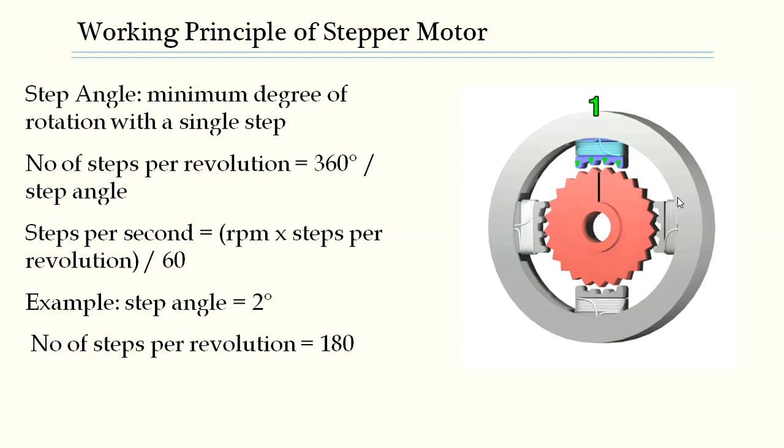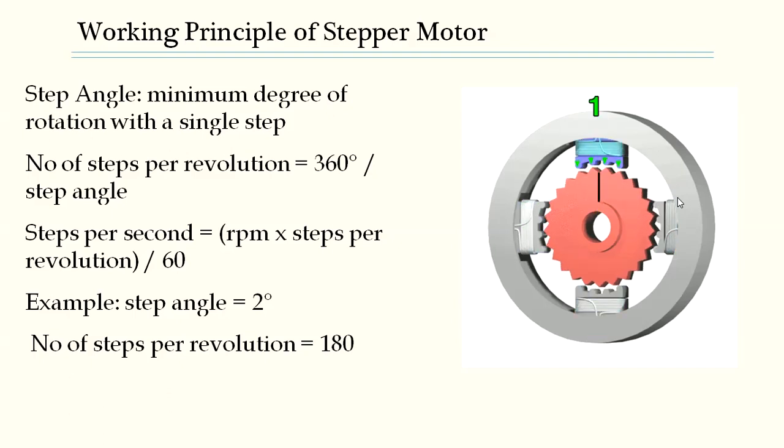Why this concept is important is, say for example you are given a problem statement saying the motor has to rotate for only 90 degrees, or 45 degrees, or 180 degrees. Then by knowing the step angle, you can find out how many steps are required for the motor to rotate through the given angle.